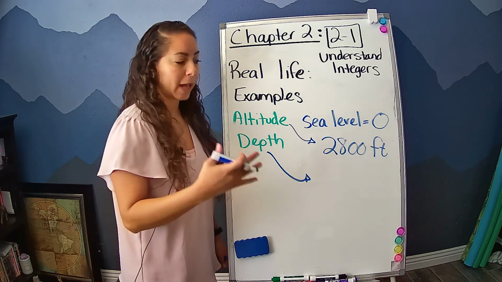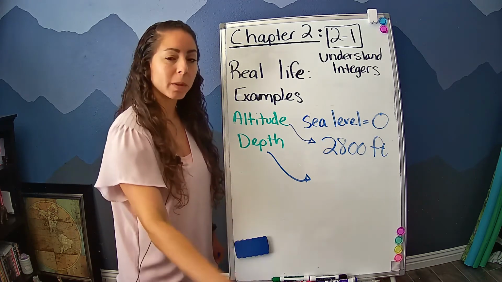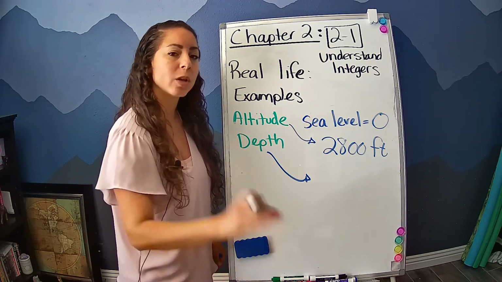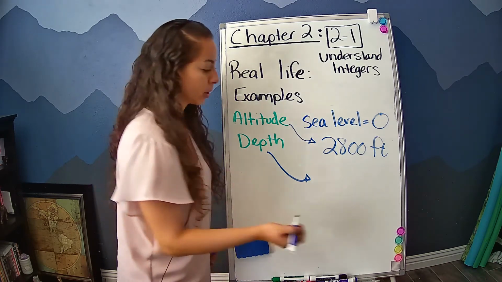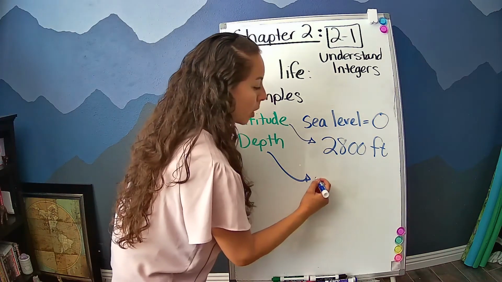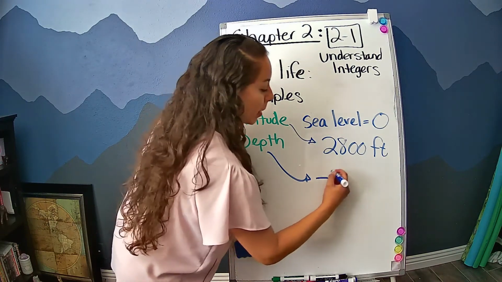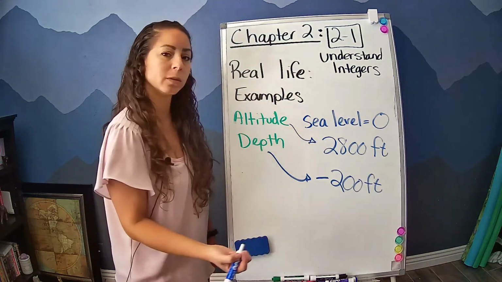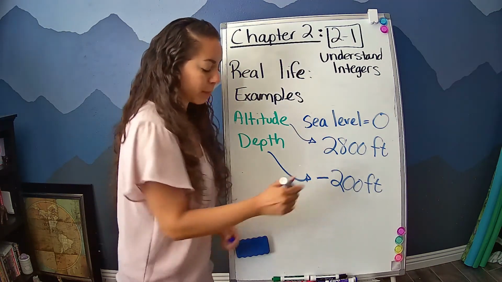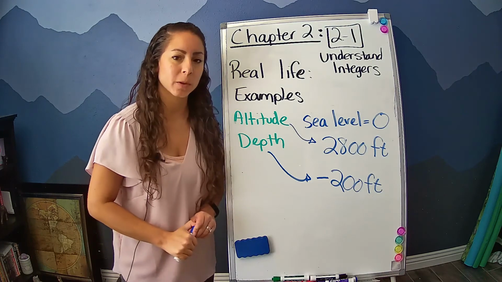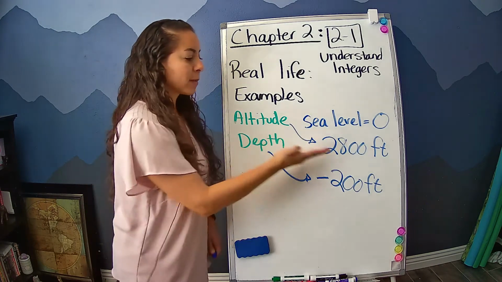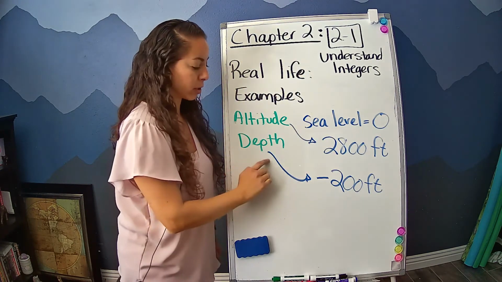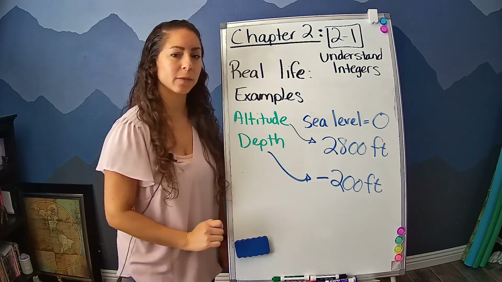Those animals and the divers who go down below sea level and they dive down, those are considered negative numbers. For example, maybe a whale can go, I'm sure they can go maybe negative 200 feet below sea level. This will always be expressed as a negative number. So you can have some kind of altitude and be positive, or some kind of depth and go negative.